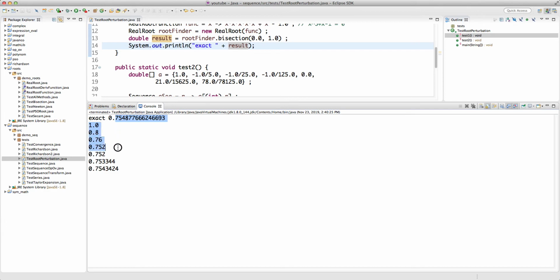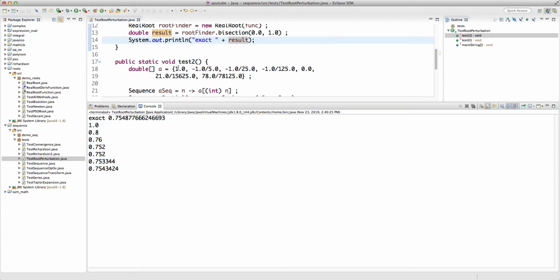As you can see, we're definitely getting closer to the exact result, and we expect that because this sequence turns out to be convergent. It doesn't diverge, because the radius of convergence for the original perturbation series is greater than 1.